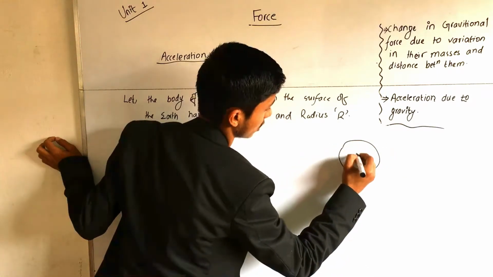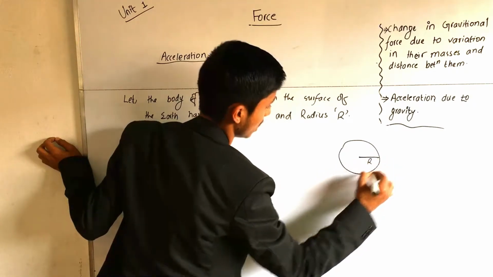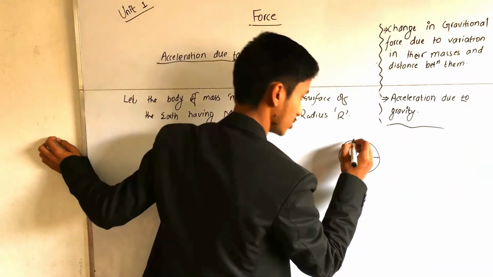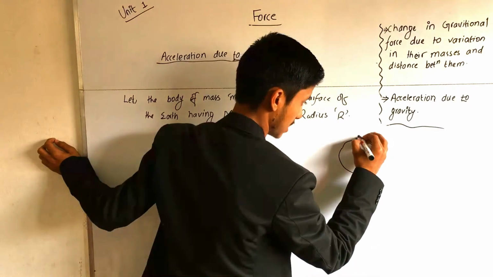Suppose this is earth and its radius is capital R. Suppose one body is here having mass small m.